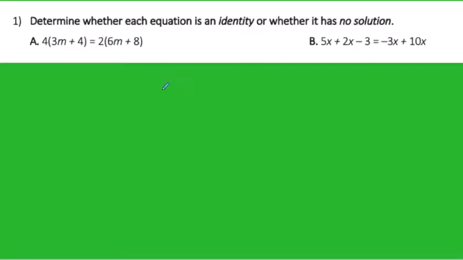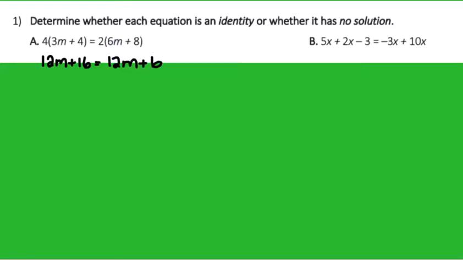All right, but let's talk about if we can determine whether each equation is an identity or has no solution pretty quickly. When we look at equations to solve, I see here that I have an expression, so I have to simplify it. I'm going to distribute the 4. So 12m plus 16. I'm going to do the same thing on the left side, and I'm going to get 12m plus 16.